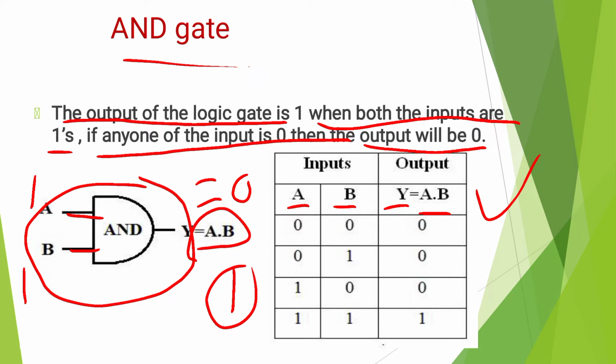Let's see the combinations for A and B, that is 0 0, 0 1, 1 0, 1 1. Here 0 into 0 is 0. Next one is 0 into 1, we know 0 into anything is 0. And the next 1 into 0 also 0, and here 1 into 1 is 1. This is about AND gate and its truth table.